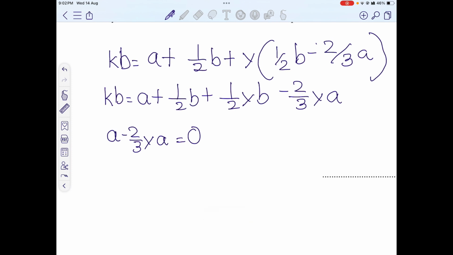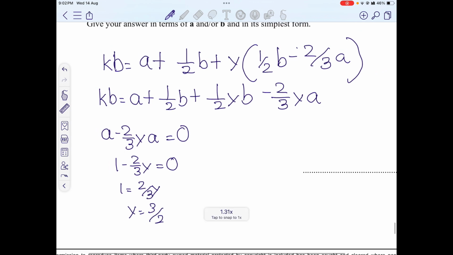I could remove the A by simply dividing everything by A. A by A is 1, so 1 minus 2 by 3 y, and 0 divided by A would be 0. So 1 is equal to 2 by 3 y, and y would be equal to 1 divided by 2 by 3, which is 3 by 2.